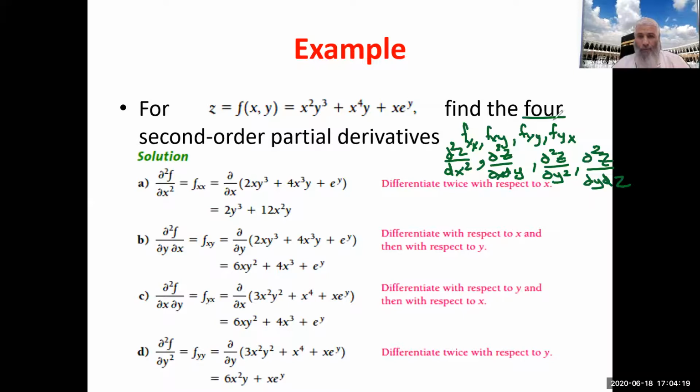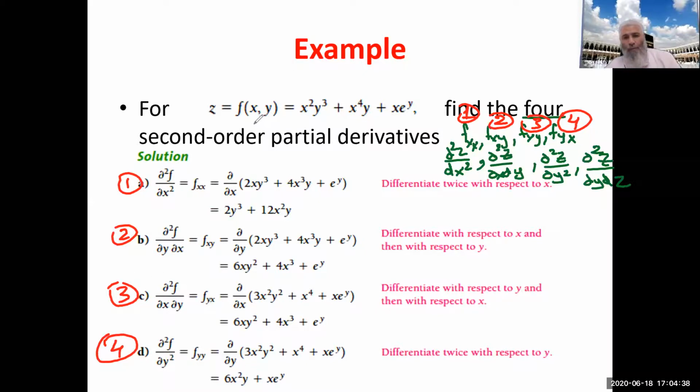These are four. 1, 2, 3, 4. Do you see it? Yes, I see. They are four. Like here, 1, 2, 3, 4. And they are all different, yes?